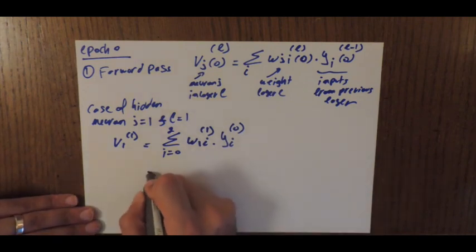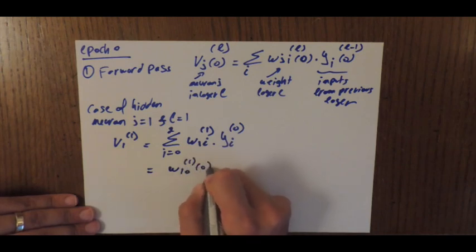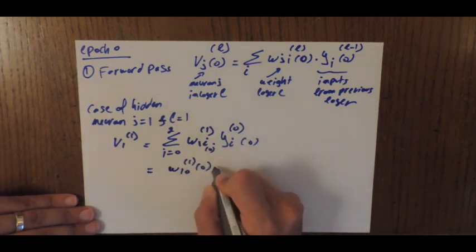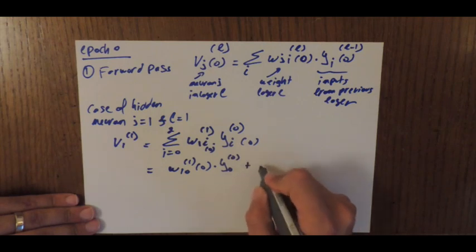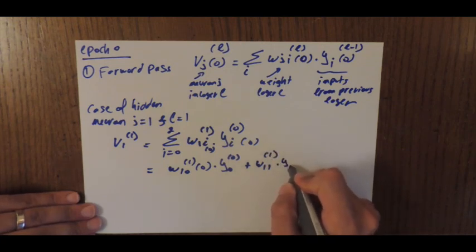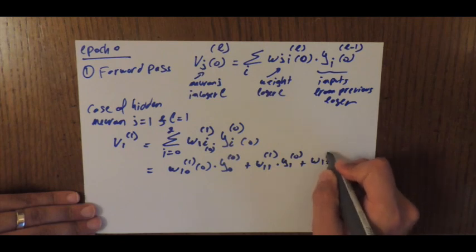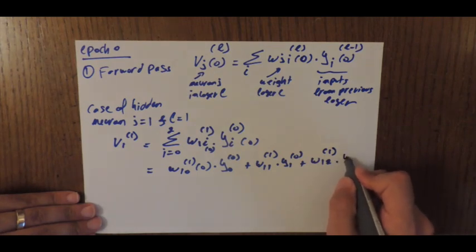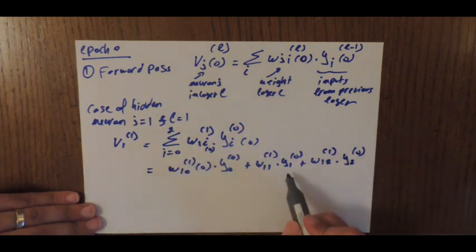So in this case we expand, we start with I equals 0, W10 of 1 for epoch 0, of course this is for epoch 0, times Y0 of 0 plus W11 of 1, this is for I equal 1, times Y1 of 0 plus W12 of 1 times Y2 of 0. So this is I going from 0, 1 and 2.